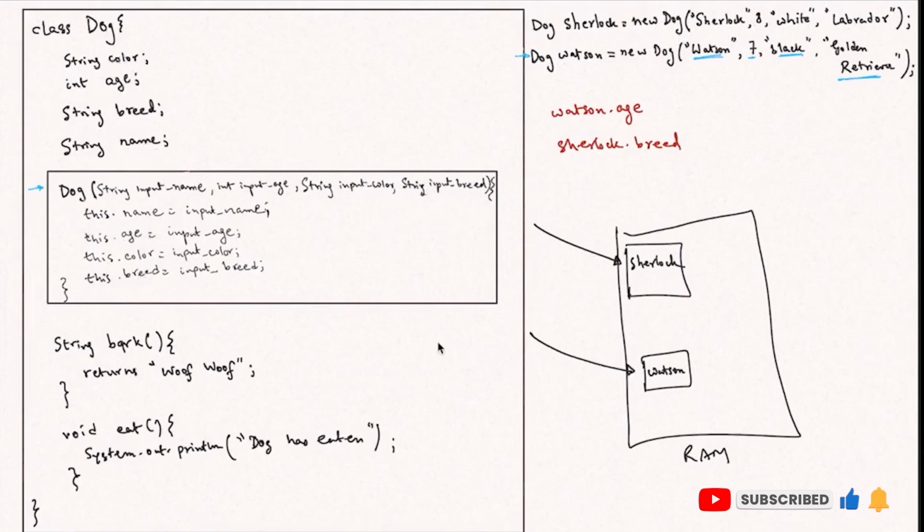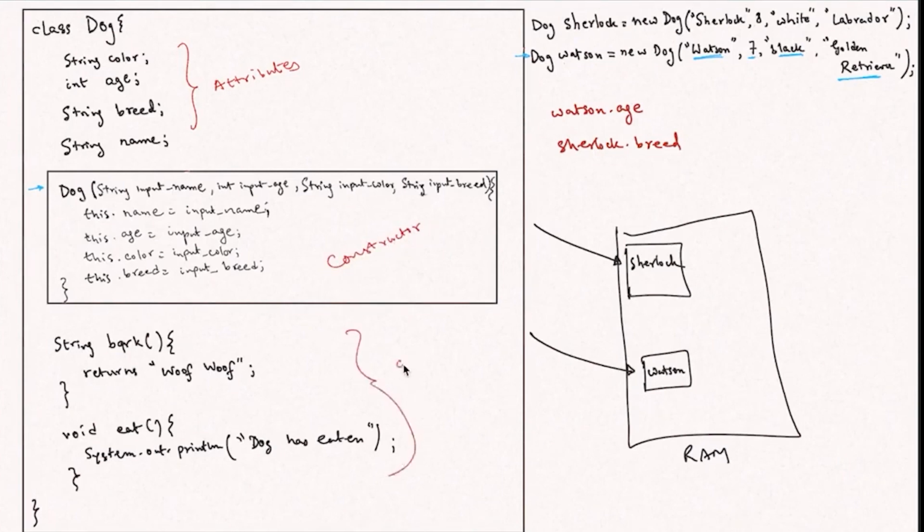So now you know how a class can be created. A class has 3 different parts. The first part is where we define its attributes. The second part is the constructor. And the third part is where we define its abilities, or we can call them behaviors.